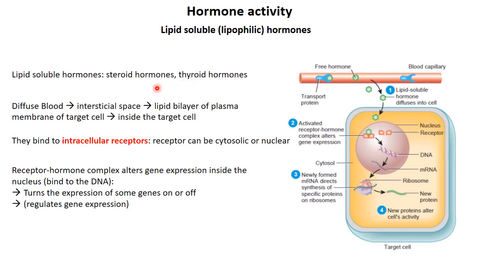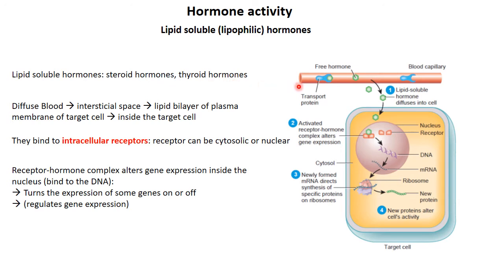We have talked about the eicosanoids, but we have said that they are a little bit specific and they need a membrane receptor. They are not like the steroid hormones. So here, for the lipid-soluble hormones, we will be talking about the way of action of the steroid hormones and the thyroid hormones, since they are both lipophilic and they have the same way of action.